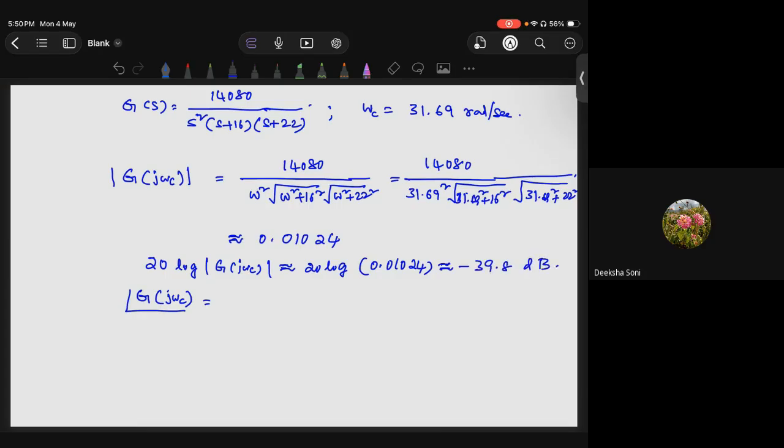Okay. Similarly, if you check this, this is the magnitude and this is the phase.